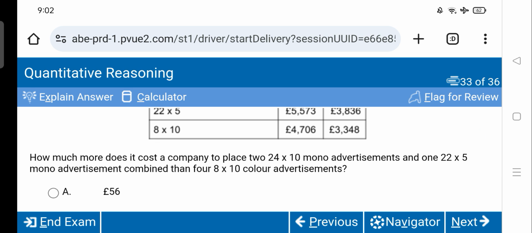How much more does it cost a company to place two 24 by 10 mono advertisements and one 22 by 5 mono advertisement combined than 4 8 by 10 color advertisements?